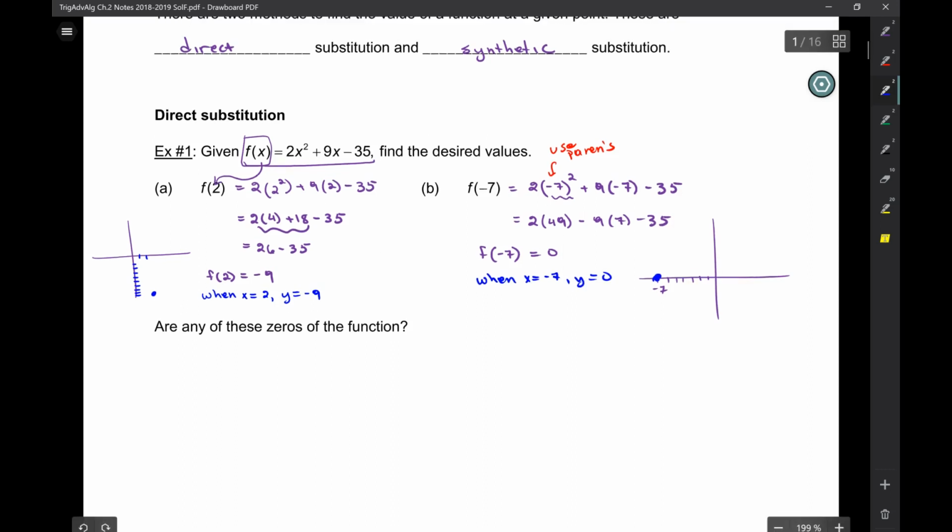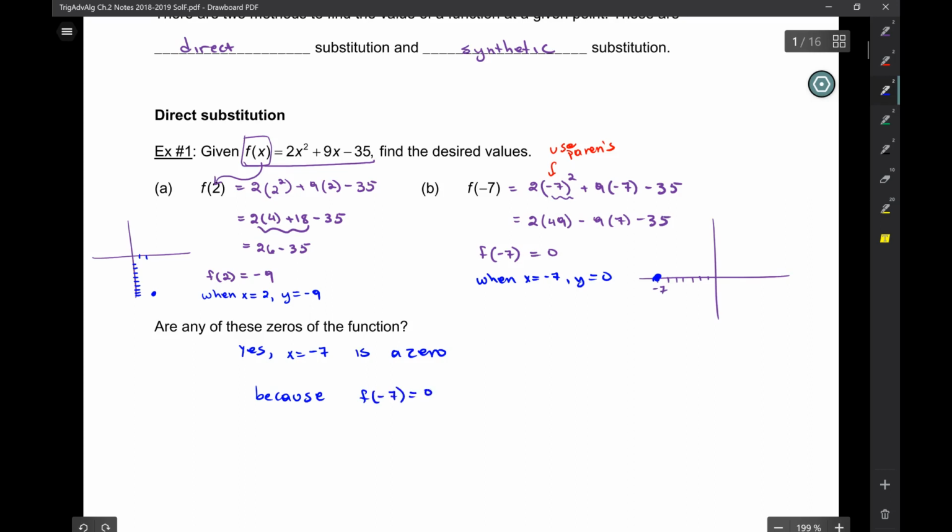Now the next question says, are any of these zeros of the function? So yes, x equals negative 7 is a 0, because f of negative 7 equals 0.